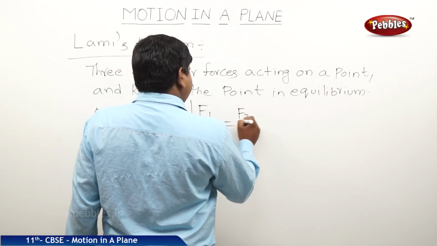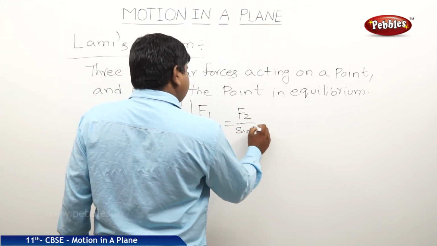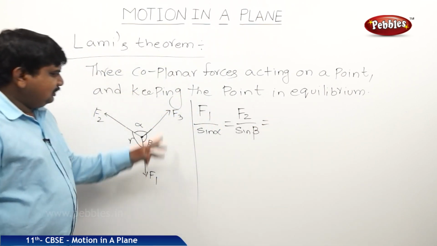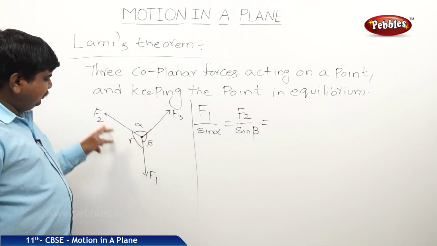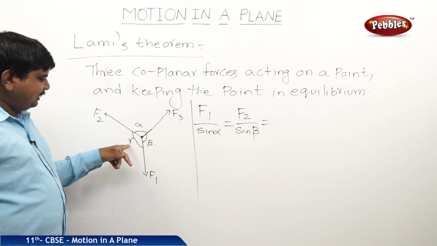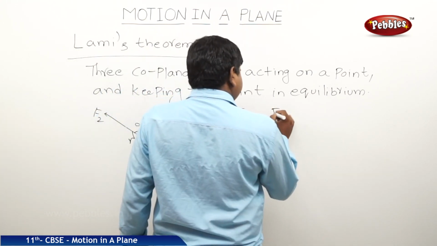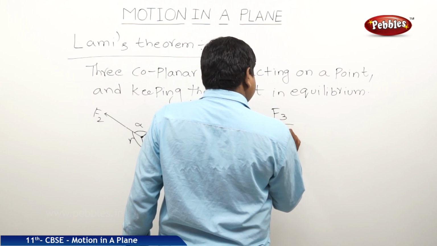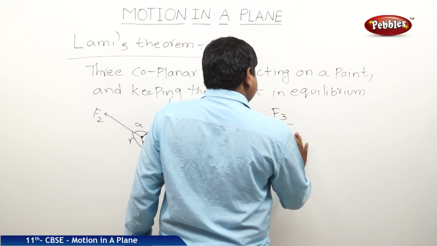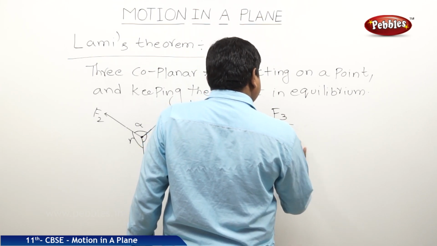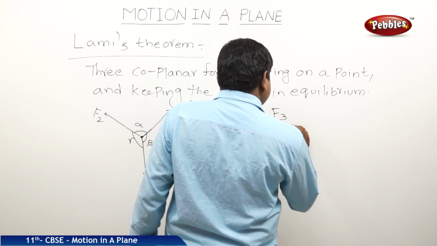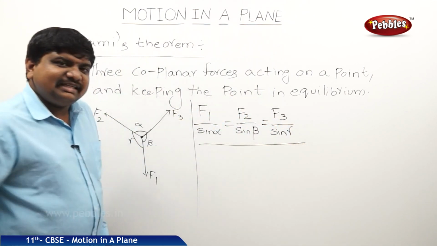So F2 by sine beta is equal to F3, then this F2 F1 become a plane. So F3 by sine gamma. This is called Lami's theorem.